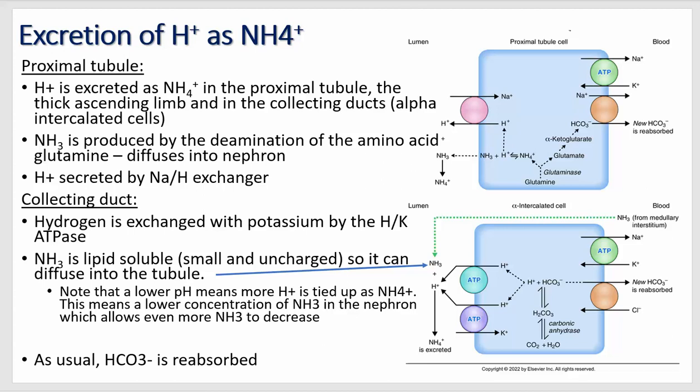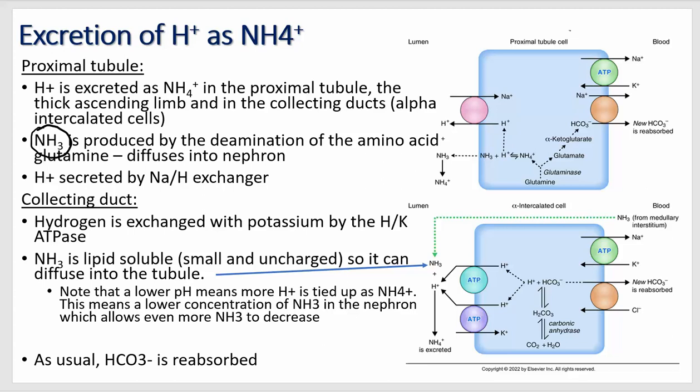Okay, so we've talked about how this more or less takes place in the proximal tubule, the thick ascending limb of the loop of Henle, and in the collecting ducts, in those certain types of cells, the alpha intercalated cells. So we have to have an NH3, which we didn't really discuss earlier.